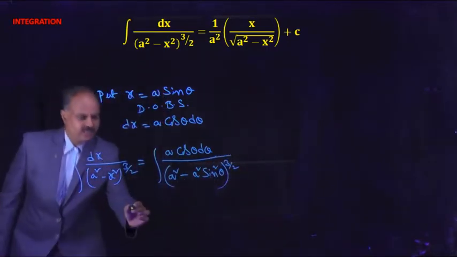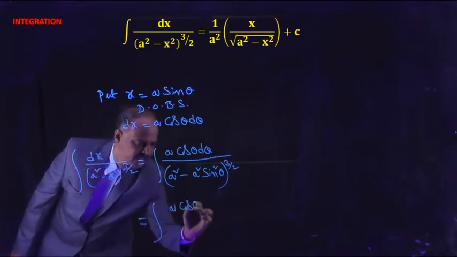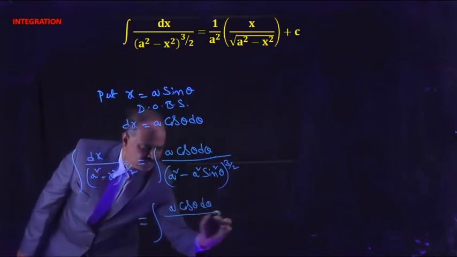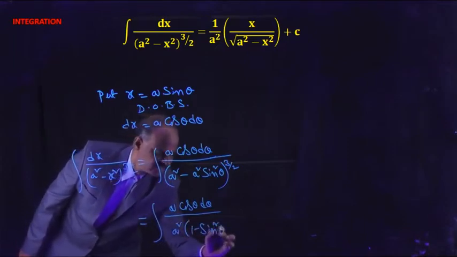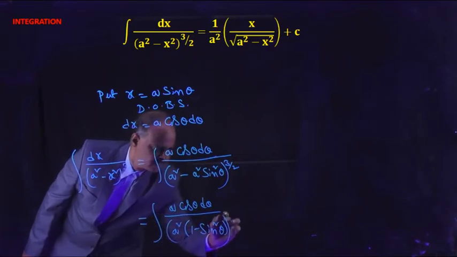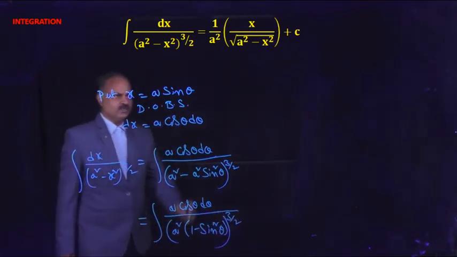Now this is equal to integral a cos theta into d theta divided by [a square into (1 minus sin square theta)] whole to the power 3 by 2.